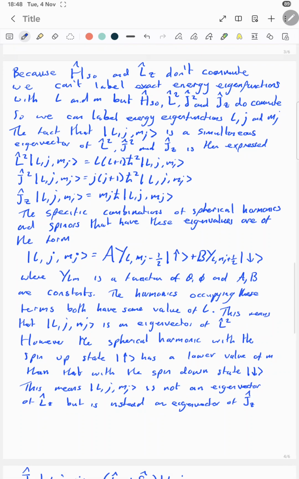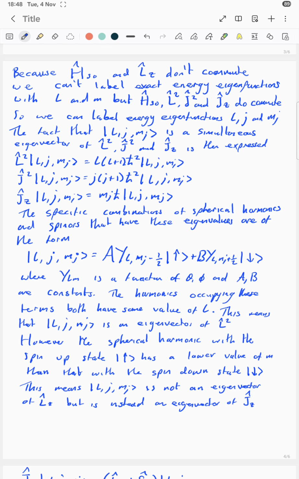Now, because the Hamiltonian H SO for spin-orbit interaction and LZ don't commute, we can't label exact energy eigenvalues with L and M, but H, the Hamiltonian of spin-orbit interaction, L squared, J squared and JZ do commute, so we can label each eigenvector L, J, MJ.